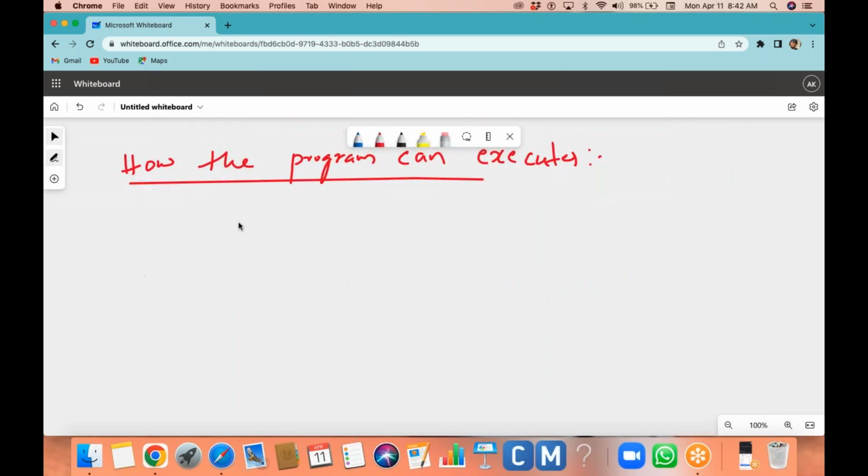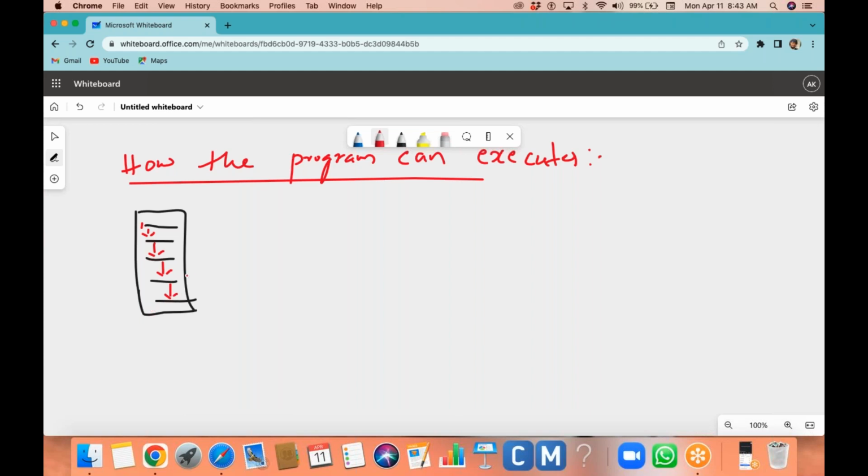Jyoti, tell me. Let me explain. This is my program. The program may have some statements, 4, 5, something like this. If the first statement's execution is completed, then it goes to the second one. If the second is completed, it goes to the third. If the third is completed, it goes to the fourth, and then the fifth.